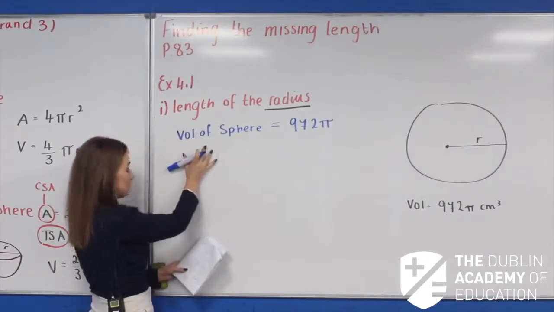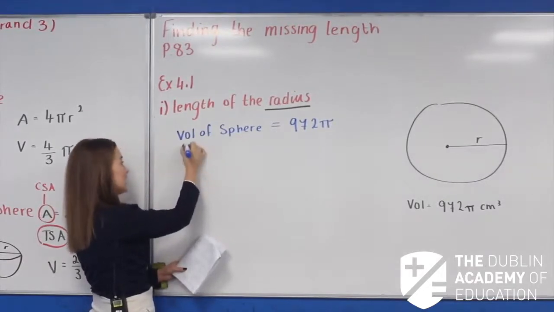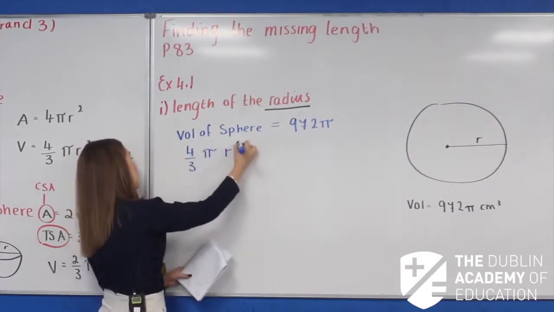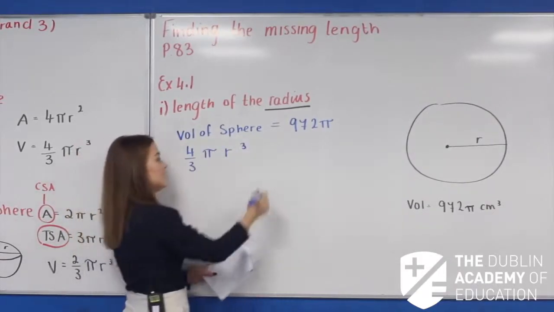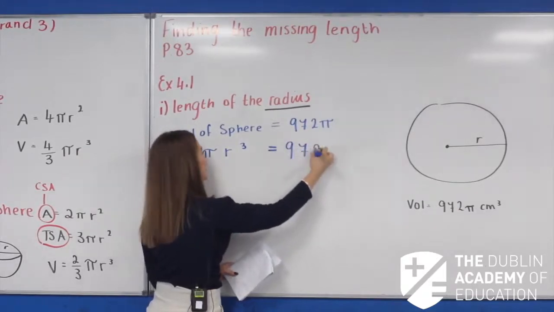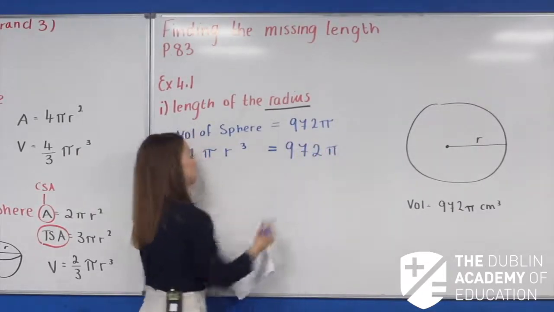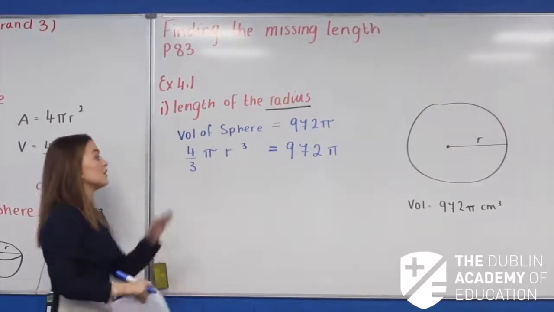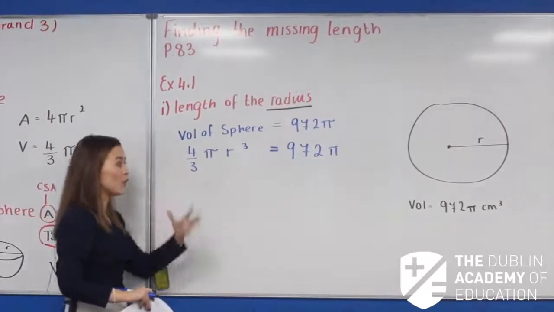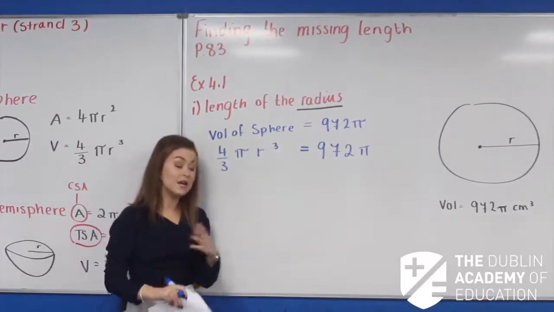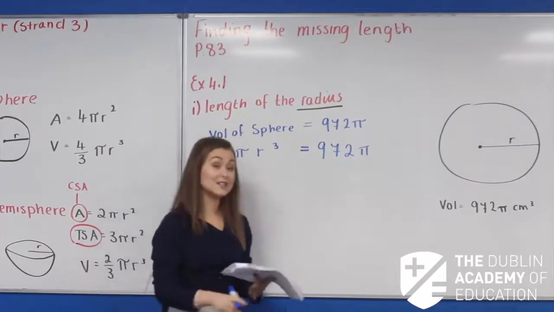My formula for the volume of a sphere is 4 over 3 pi r cubed, and that is equal to 972 pi. To work step by step through this, you might pause the video and see can you work from there to find r. What you're trying to do is isolate r, to get r on its own.